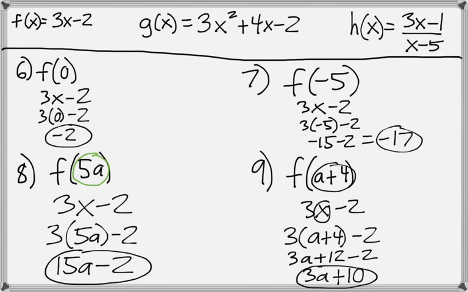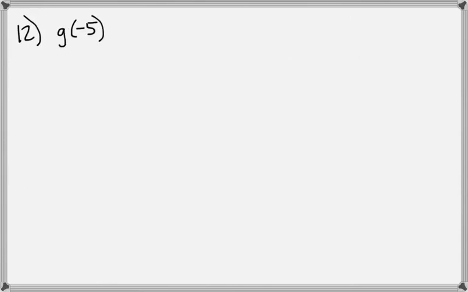Let's actually do another one where we're not using the f function. Let's use one for the g function. So if I go to number 12, this is g of negative 5. So the g function is 3x squared plus 4x minus 2. And wherever I see an x, I need to plug in negative 5.